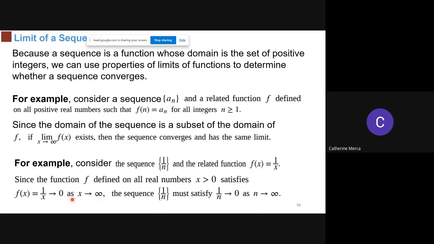As long as x is greater than 0, the denominator of x will tend to 0 as x approaches infinity. So, this sequence must satisfy 1 over n approaches 0 as n approaches infinity. It can be written as the limit of 1 over n as n approaches infinity is equal to 0.